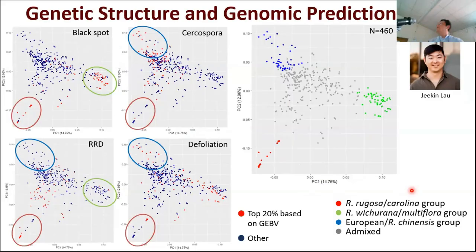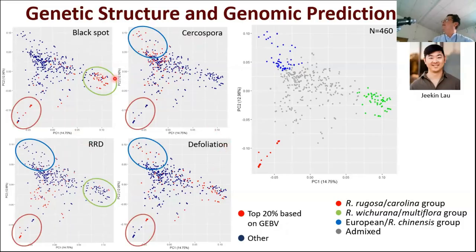So what we did next was, this is the population structure for the 460 varieties. What if we lay over that the top 20 best lines based on a GEV index for that particular trait? The red dots are individuals that would be considered the top 20% with the best breeding values for black spot, Cercospora, RRD, and defoliation.